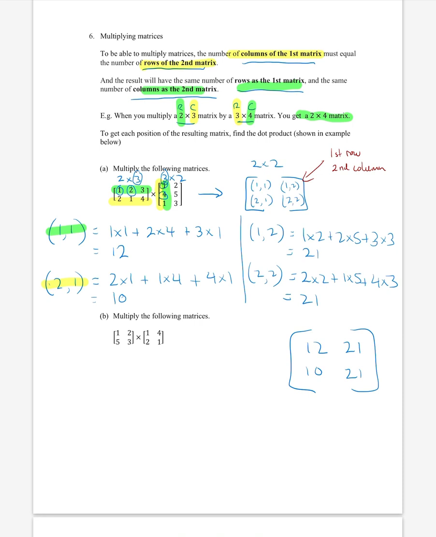Okay, so if you're doing B, have a go now. Here's the answer to B. If you follow that full process, you would get a 2 by 2.